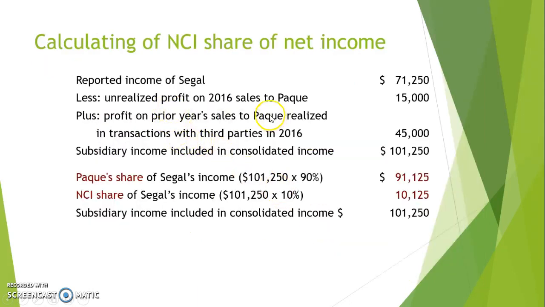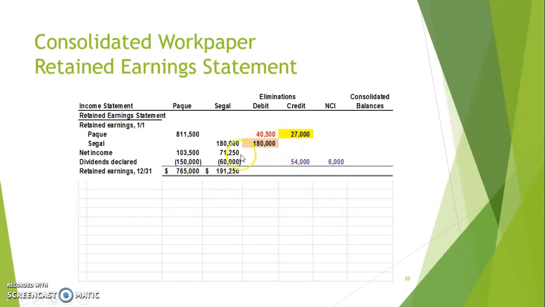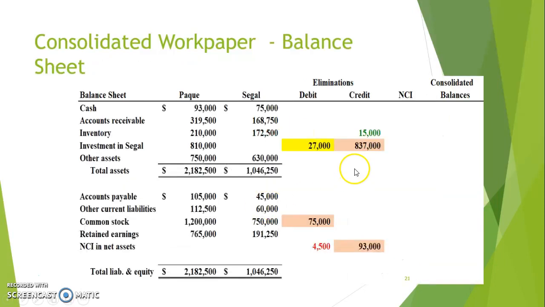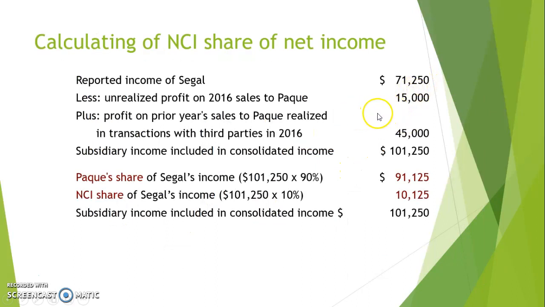Now, you would also recognize that an entry has to be made for the parent share of the income of the sub. Now, this has been prepared to enable you to calculate what is the parent share of net income. Now, the net income given here on this statement is $1,250,000. However, you would recall that there was some profit that has been realized. So, in this of 15,000 and there's some unrealized.